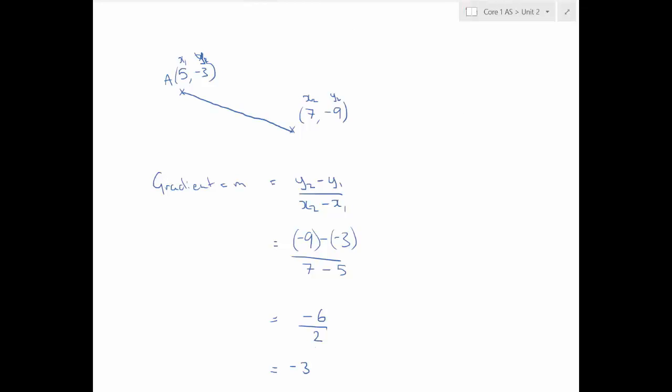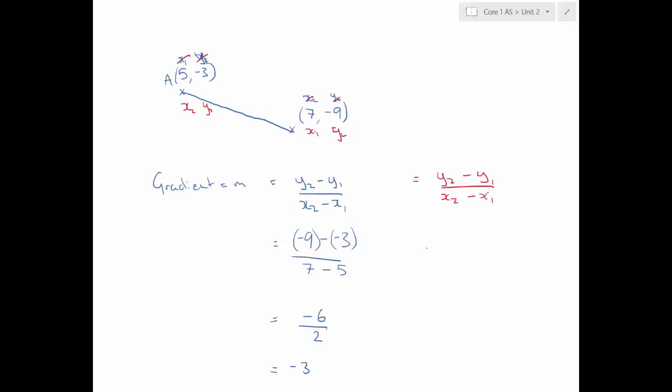Now some of you may be wondering, does it matter which way round we call the x1s and x2s? Well, let's have a look. Let's pretend that actually what I've done is I've called this one x2, y2 and this one x1, y1. Does it make a difference? Still have the same formula.